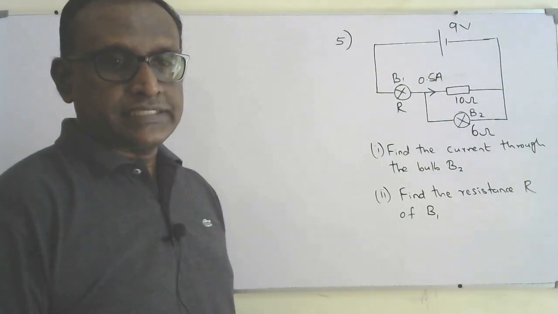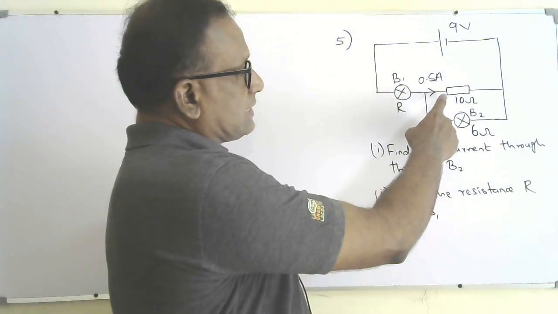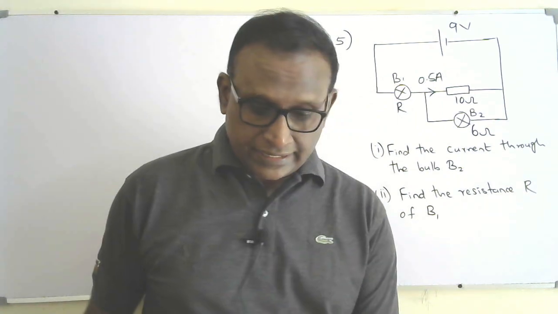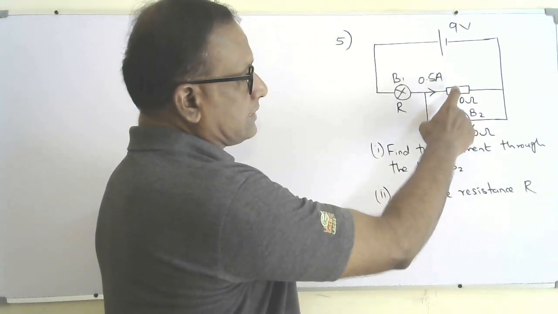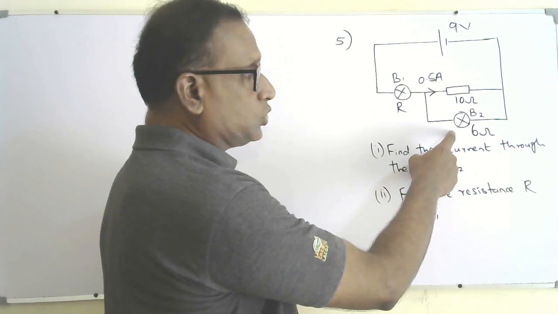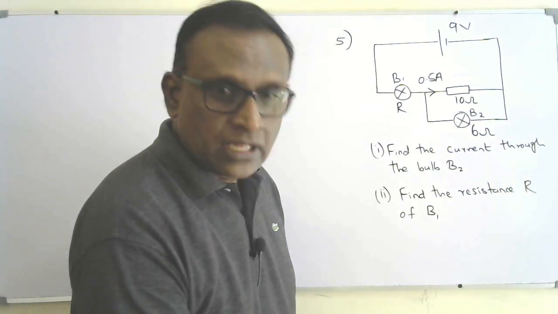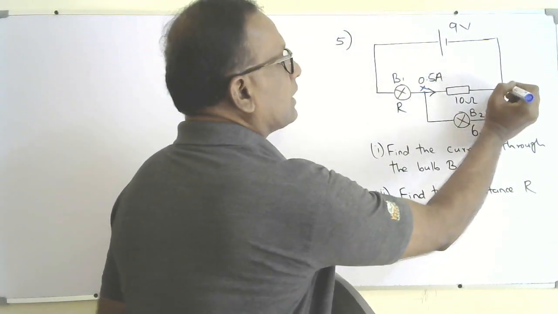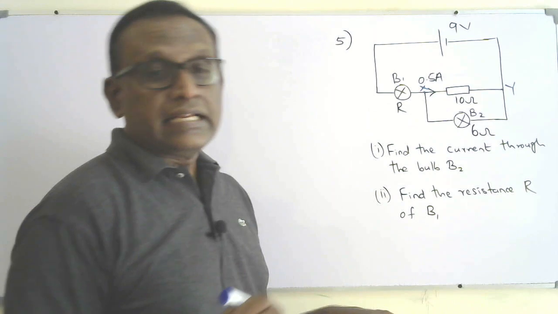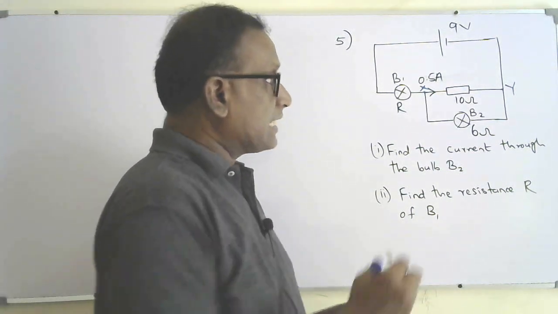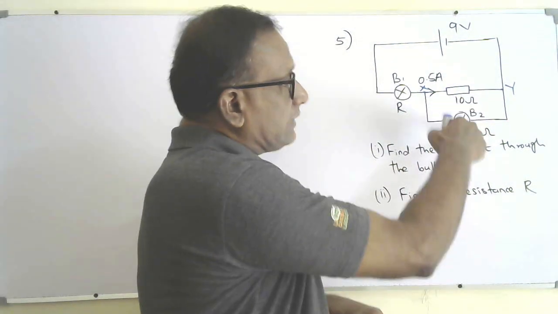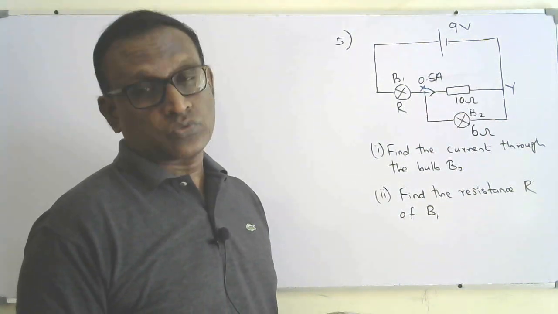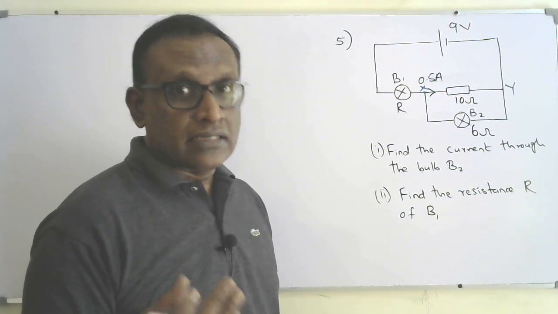Okay, this is the fifth question. Here a resistor 10 ohms and a bulb B2 are connected in parallel. You can see that the resistor 10 ohms and the bulb B2 are directly connected across the two junctions X and Y. These are the junctions, I can call this X and this Y. So if I find the equivalent resistance, it must be connected across the junction XY, as I mentioned in lesson 4.